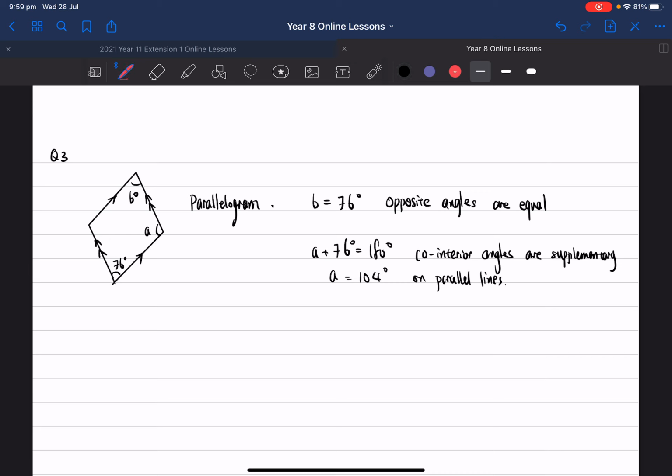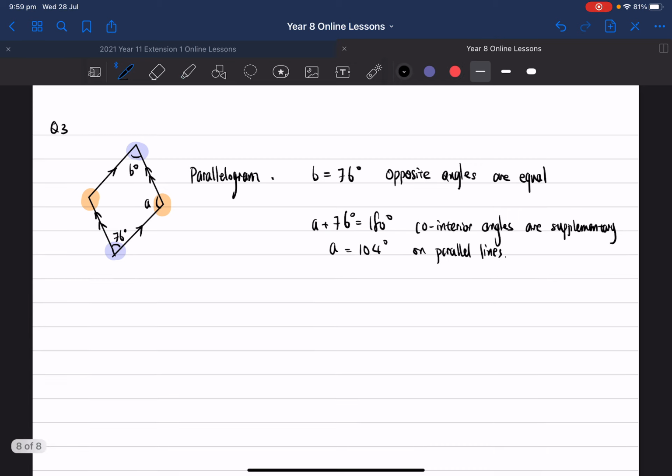There's another way to solve for A. We know that these two angles here are equal to each other, and also these two angles are equal because they're opposite to each other. We also know the property of a quadrilateral, that the angle sum of the quadrilateral is equal to 360 degrees. So we can do 76 plus 76 plus 2A is equal to 360.